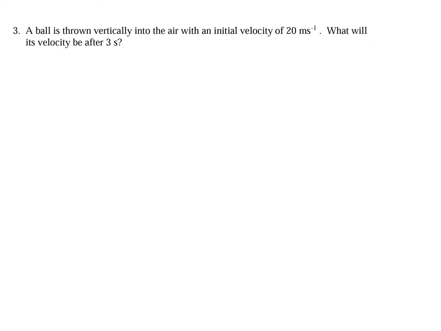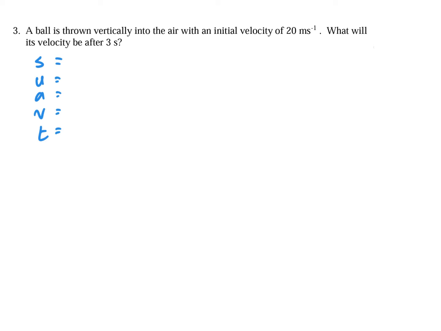Next one, we start to take account of the idea of a change in direction. So a ball is thrown vertically into the air with an initial velocity of 20 metres per second. What will its velocity be after 3 seconds? So the key thing about when you start to think about changing directions is you have to be very careful with the signs of objects. What's positive, what's negative.